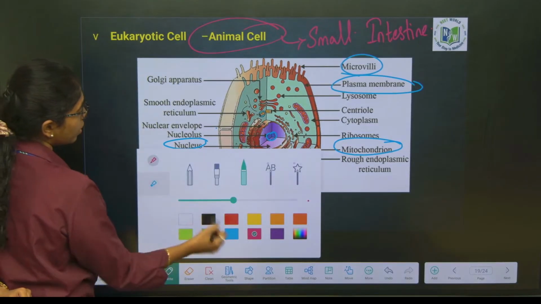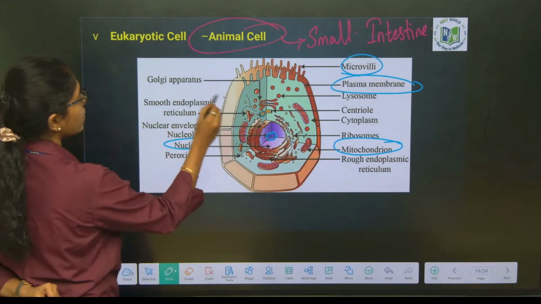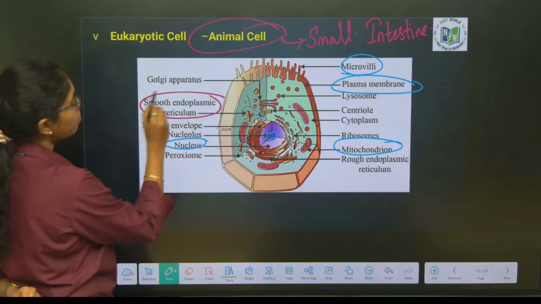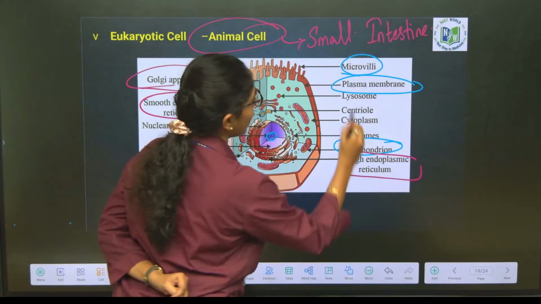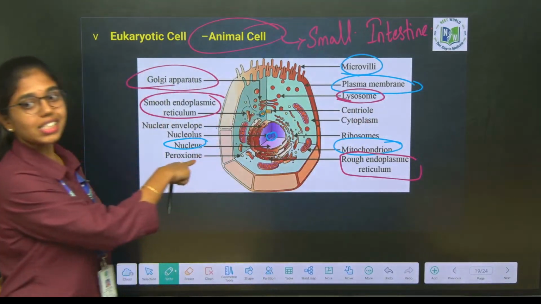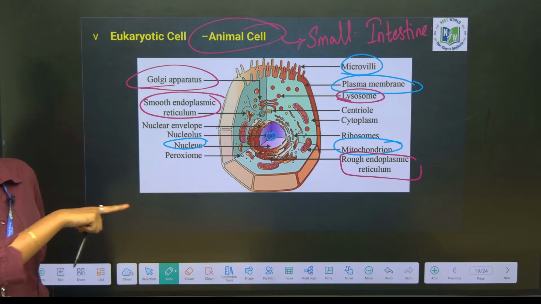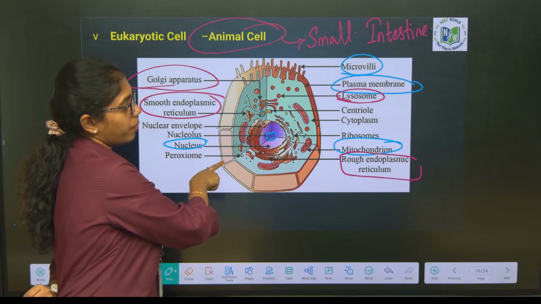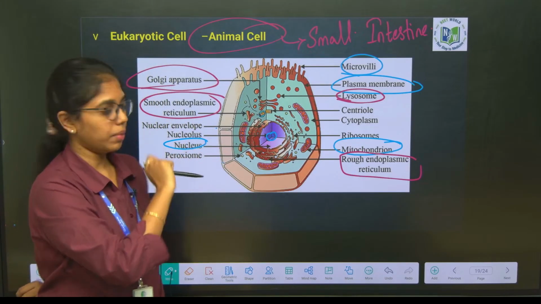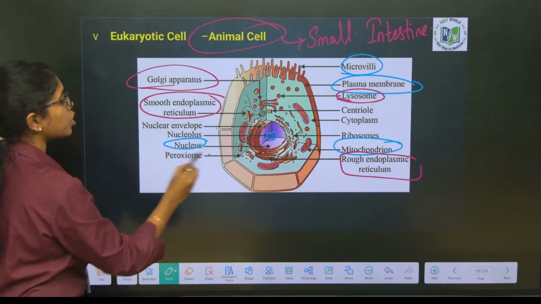Now looking into the single membrane bound organelles, we have smooth endoplasmic reticulum, Golgi bodies, rough endoplasmic reticulum, lysosomes, and vacuoles, which are negligible in the animal cell. Lysosomes are negligible in the plant cell, and vacuoles are negligible in the animal cell. And then we have peroxisomes.